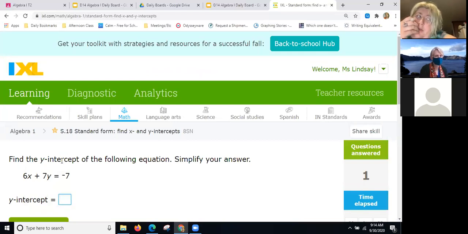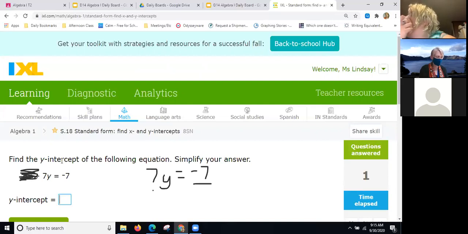So this time it says y-intercept. Since it says y-intercept, I'm ignoring the x, and I look at this: it says 7y is -7. So I'm just doing -7 divided by 7. So -1.